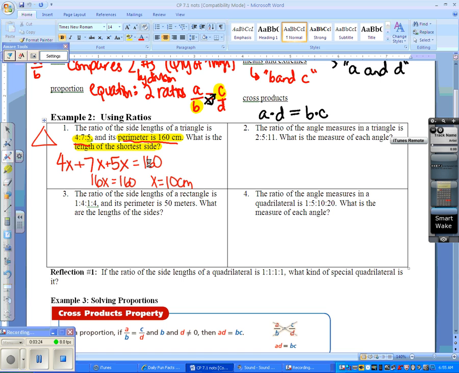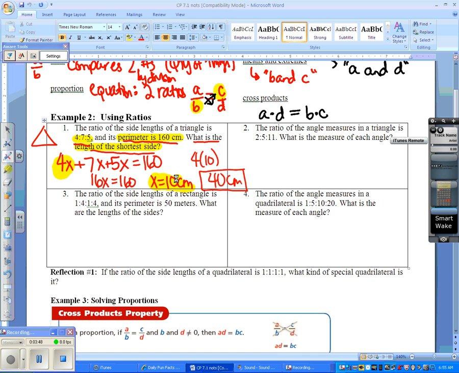But we're not done, because we go back and read the question. What's the length of the shortest side? Which side is shorter, the 4x, the 7x, or the 5x? I'm going to guess the 4x because it has the smallest coefficient. When I plug in x to the 4, I get that my shortest side is 40 centimeters long. And that's your final answer.